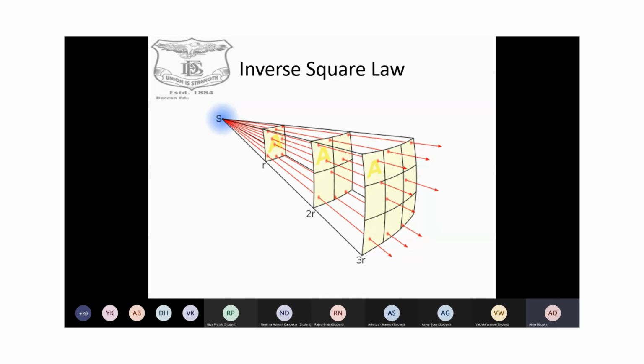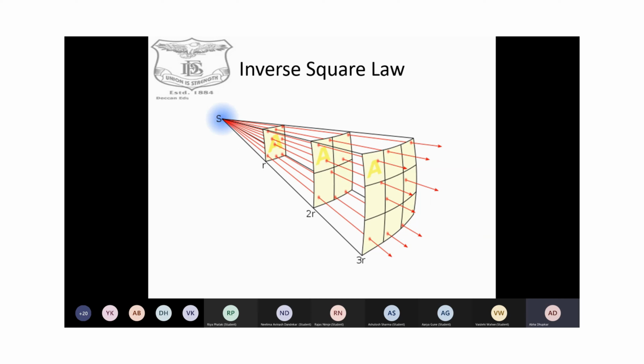How so? If we are considering R as the distance between the point source and the surface, the intensity is going to be proportional to R square, the square of the distance between the point source and the area, the surface where we are giving that radiation.